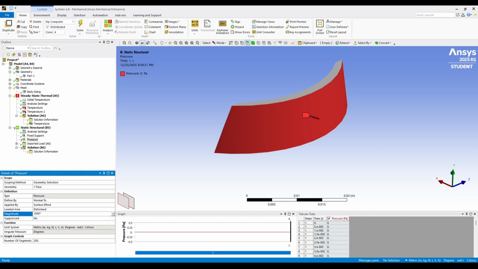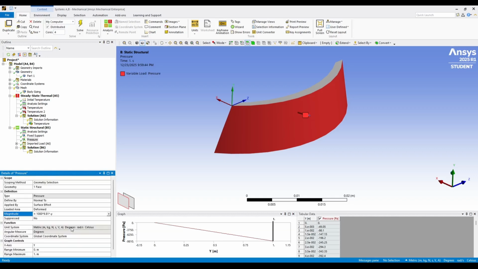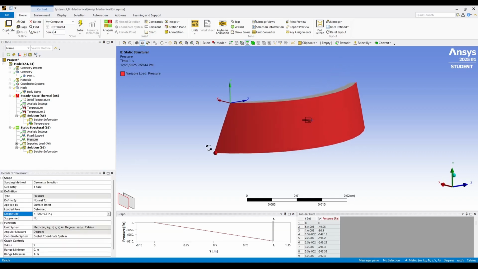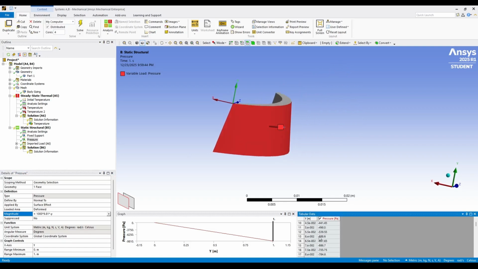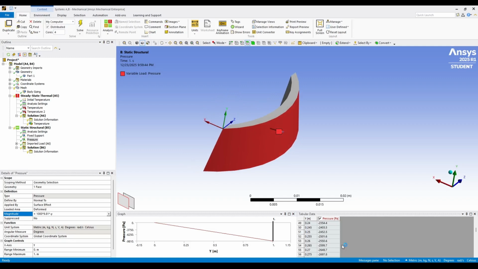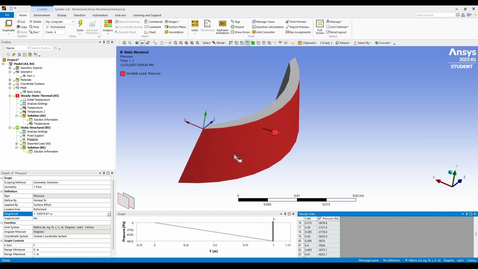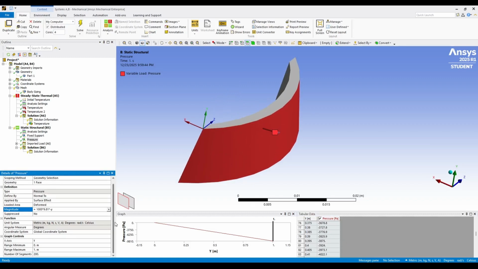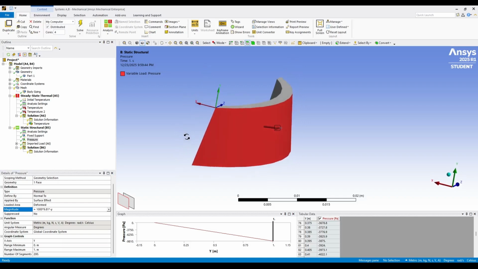This function allows the pressure to vary with depth, increasing from the top of the reservoir toward the base of the dam, which accurately represents how water pressure behaves in real-life conditions. The pressure load is applied only on the upstream, or water contact, face of the dam, ensuring that the structural response reflects actual reservoir loading.